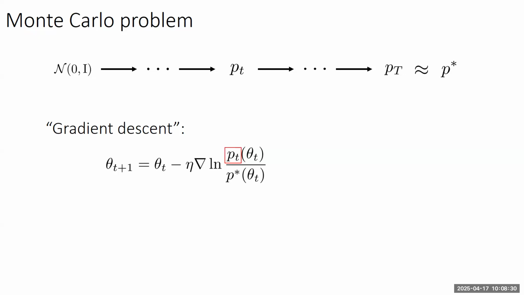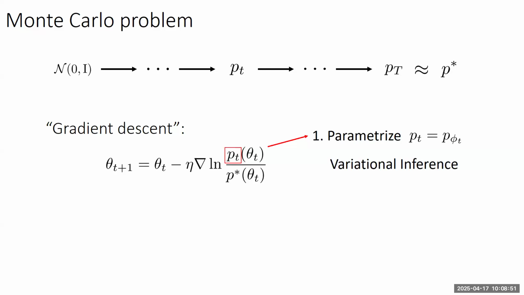So there are a few ways of tackling this. Classically, one way to do it is to parameterize P_t, constraining it into a parametric family so that we map the gradient, which lives on the tangent space of the probability space, to the gradient which lives on the tangent space of this finite-dimensional parameter space. And that's variational inference.